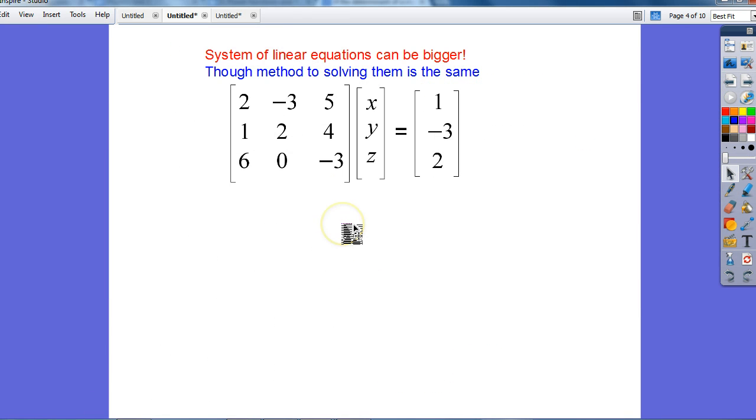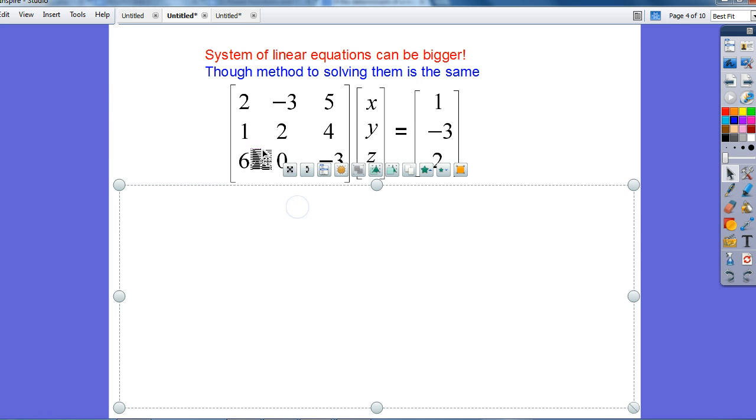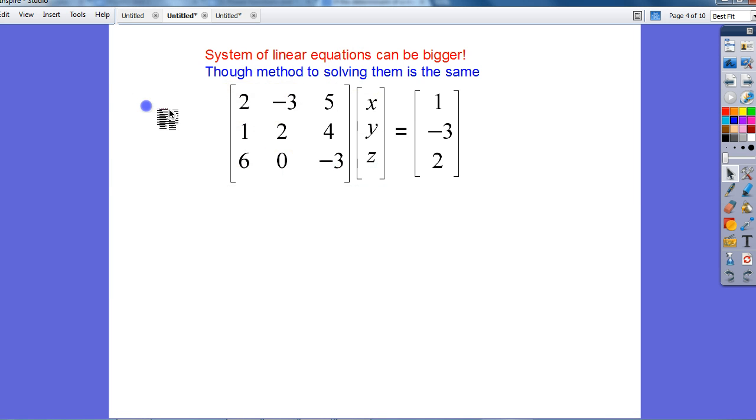Alright. Systems of linear equations don't have to be small. They can get bigger. 3 by 3, 4 by 4, 5 by 5. Each time we need to have 3 unknowns, x, y, z. And if we've got 3 unknowns, we must have 3 equations made up of those 3 unknowns.